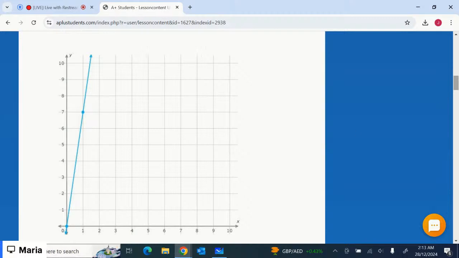So basically you have to plot the point and then use the slope, and then join these 2 points and make a line. Let's just start with the test questions.